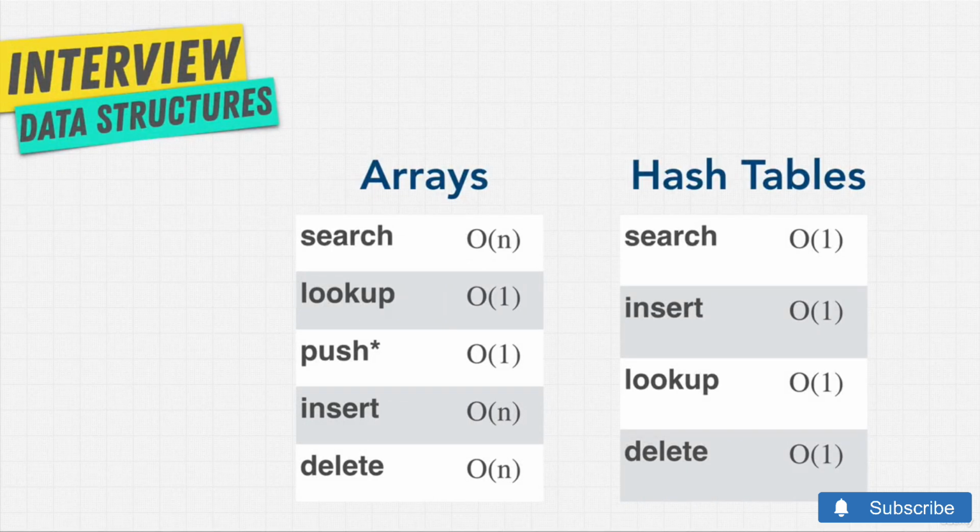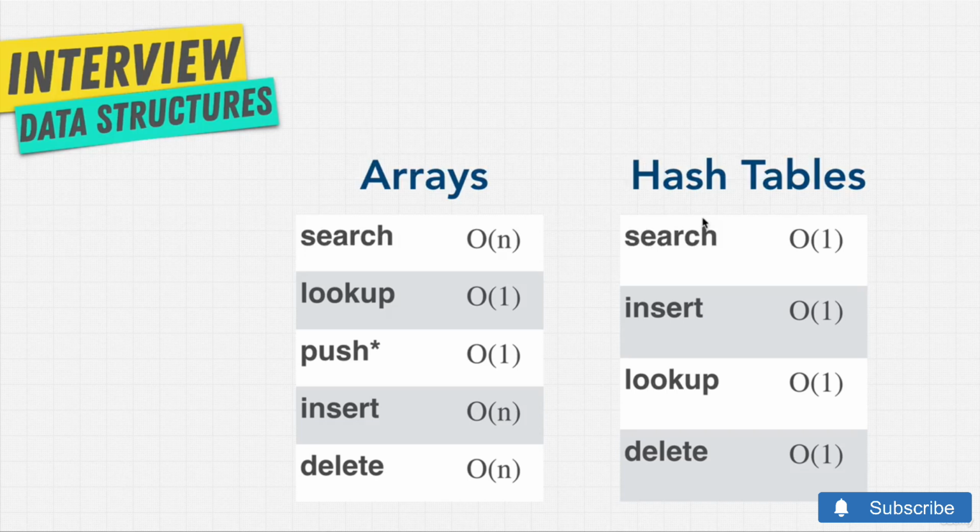Welcome back. Why hash tables? Hash tables are great when you want quick access to certain values. We remember that searching through an array for an item takes a really long time. We have to loop through every item and see if a certain string or a certain number is in an array. With hash tables, that's really, really fast.